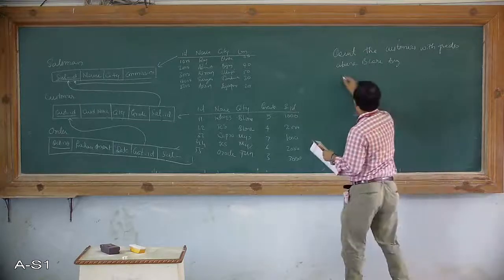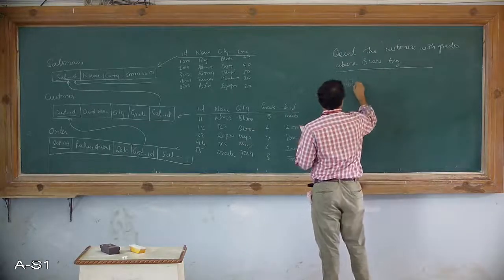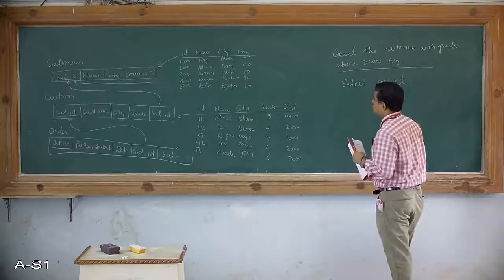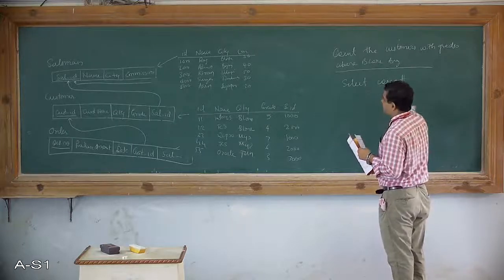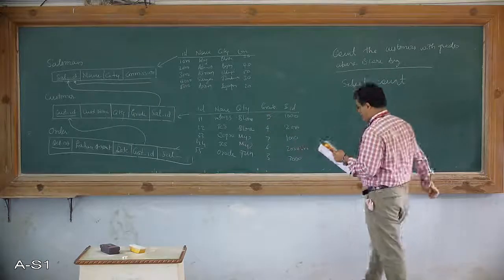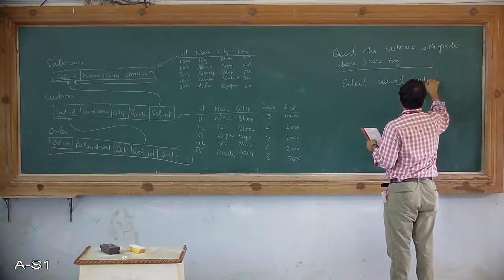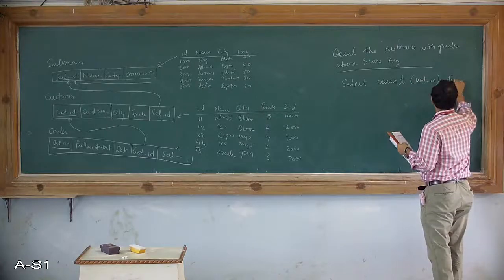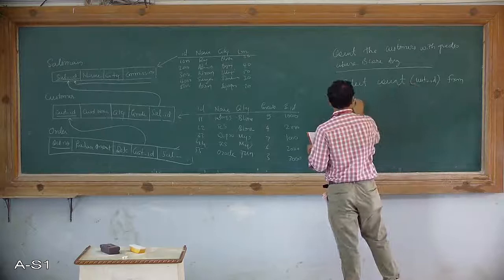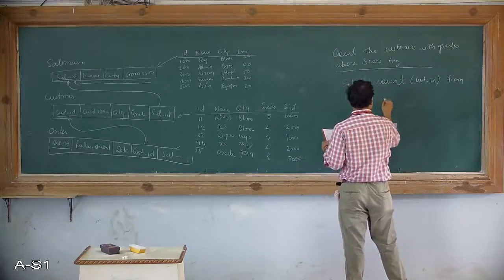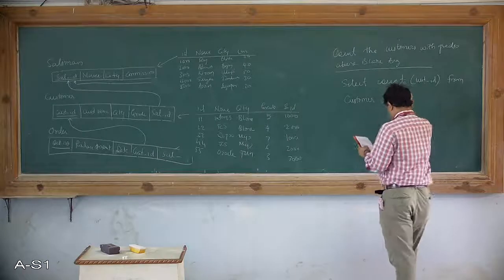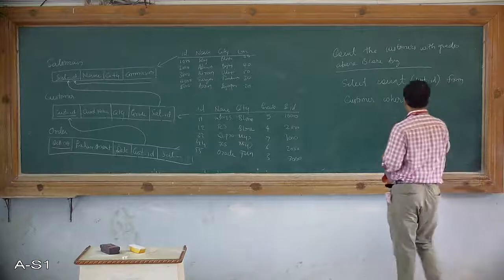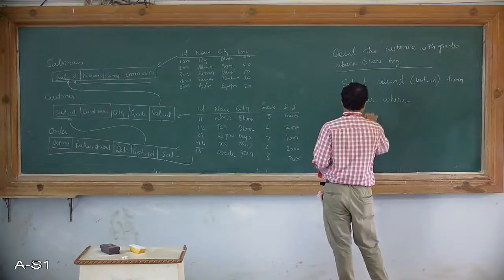So what should we write for this query? We have select count. What should we count? We can count customer ID here. Select count cust ID from customer, where the grade is greater than the average.